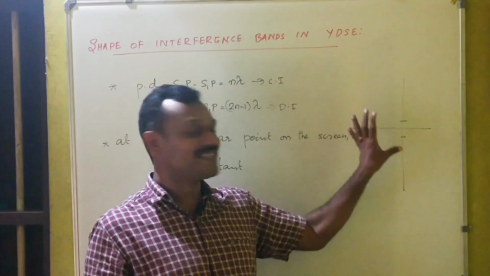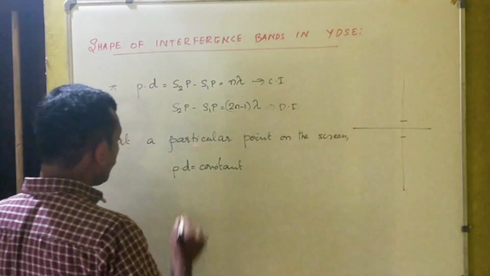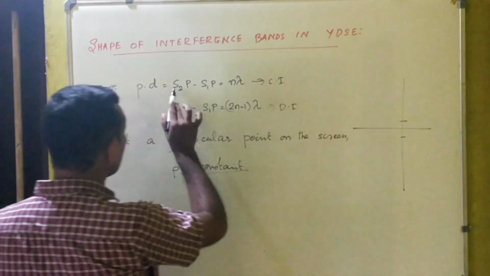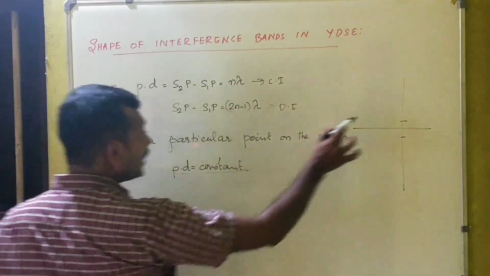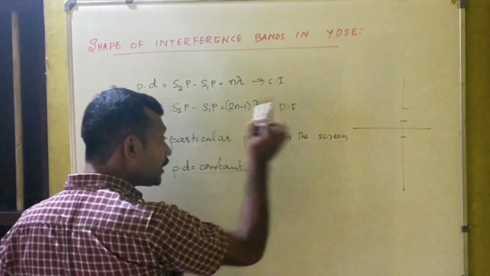So path difference is a constant, that is S2P minus S1P is a constant. At another point, it's a constant but a different value.